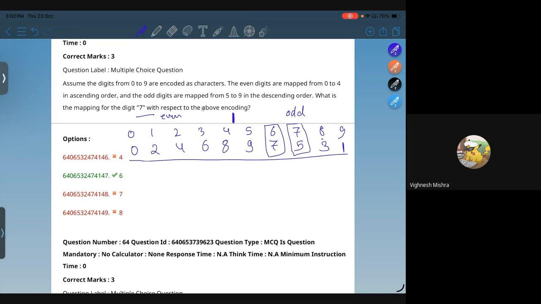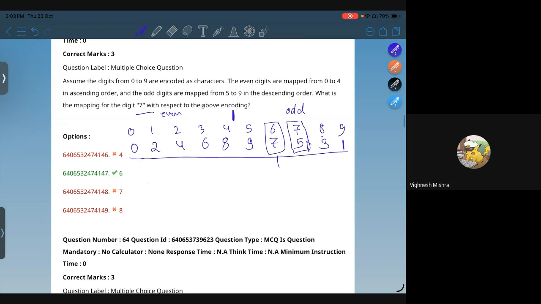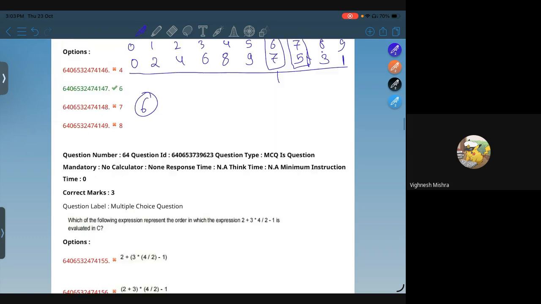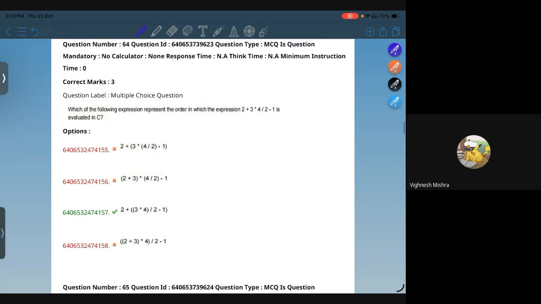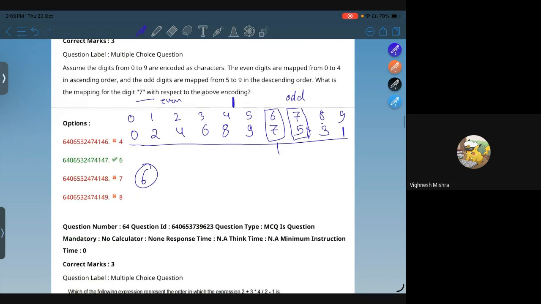But 5 is not in the options, so you can mark 6 safely. 5 is not present in the options, I think that is the clue.